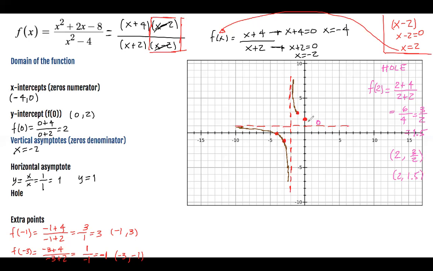We're going to approach the horizontal, but we have to jump over the hole, the discontinuity, and then we're going to connect the dots. So that's our graph, but don't forget about that hole, that if we didn't have the same factor, would have been either a vertical asymptote or an x-intercept, but none of them had the opportunity to happen. So we ended up with a discontinuity or a hole on our graph.